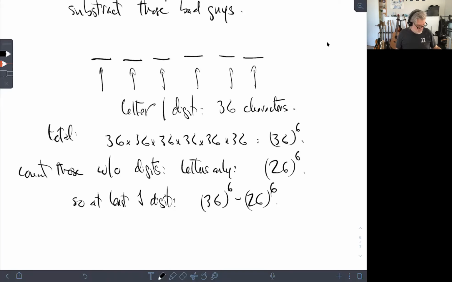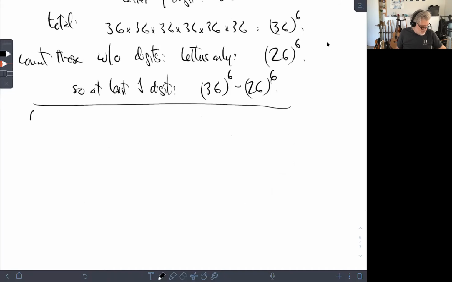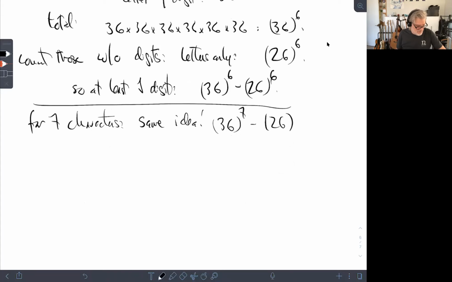How does it work for 7? Well, if you see how this goes for 6, you see how it goes for any number. So for 7 characters, same idea. It'll be 36 power 7 minus 26 power 7. And for 8 characters, same idea.